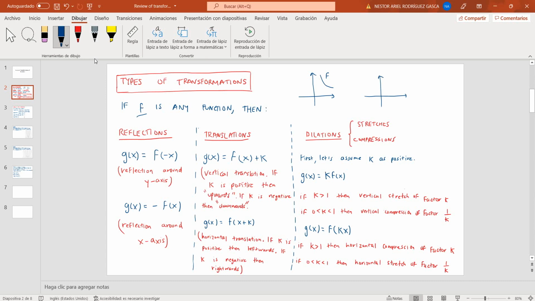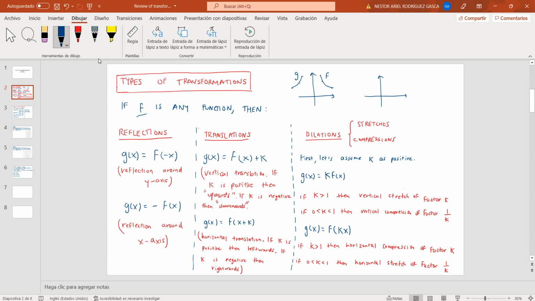And if I'm talking about a reflection around the y-axis, what that means is that this is the axis of symmetry of the reflection, and any point in this graph will be reflected about or around this axis, and so you're gonna have this, more or less. This point will be reflected into this one. This point will be reflected into this one. This point into this one, and so on. So you get the idea, right? This is what we know as a reflection around the y-axis, and this would be g.